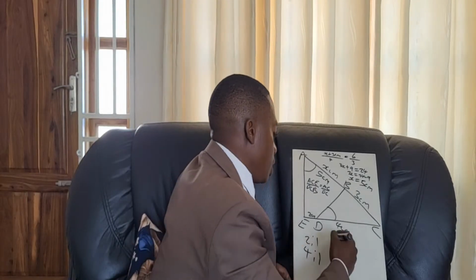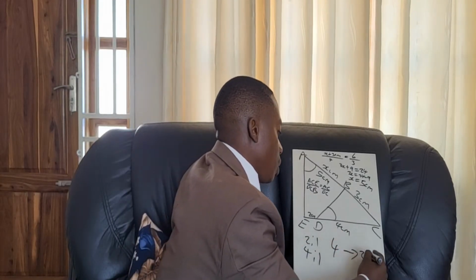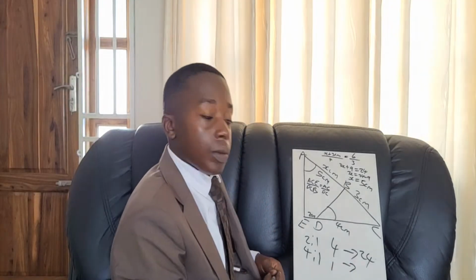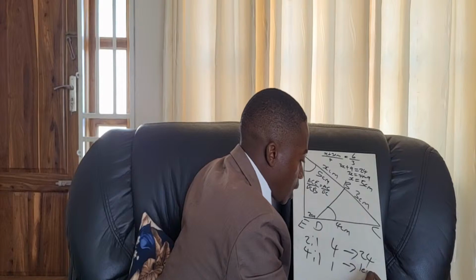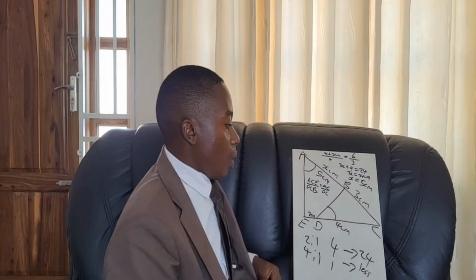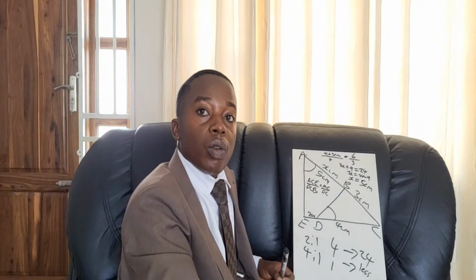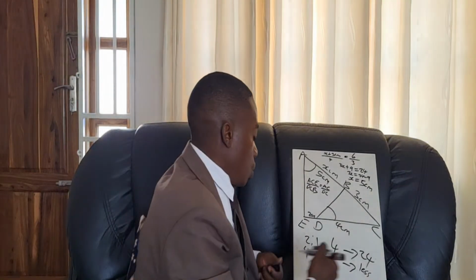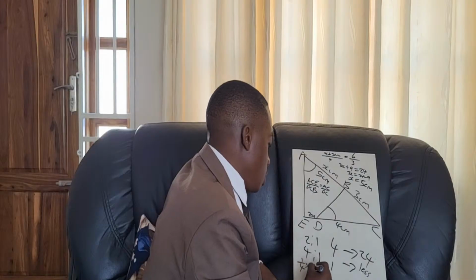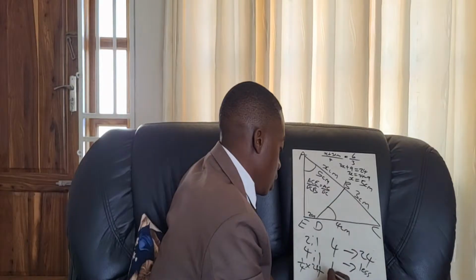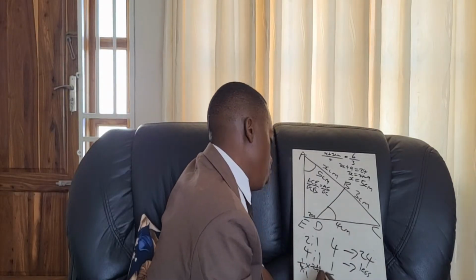So if 4 gives us 24, what does 1 give us? It gives us less, so we use a proper fraction: 1 over 4 times 24. Using the area factor, the area should be 6.